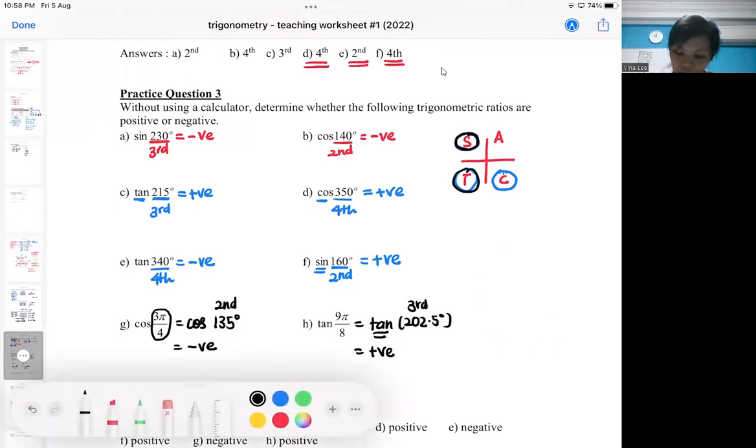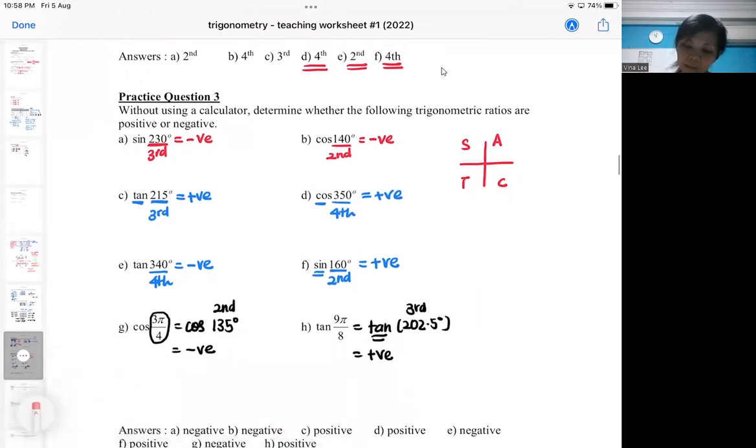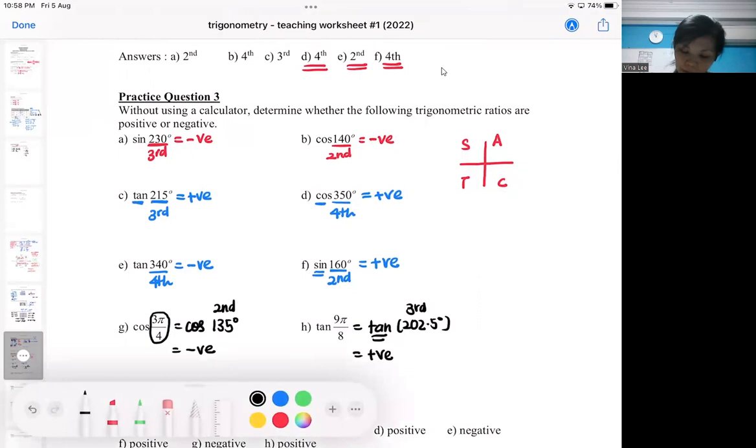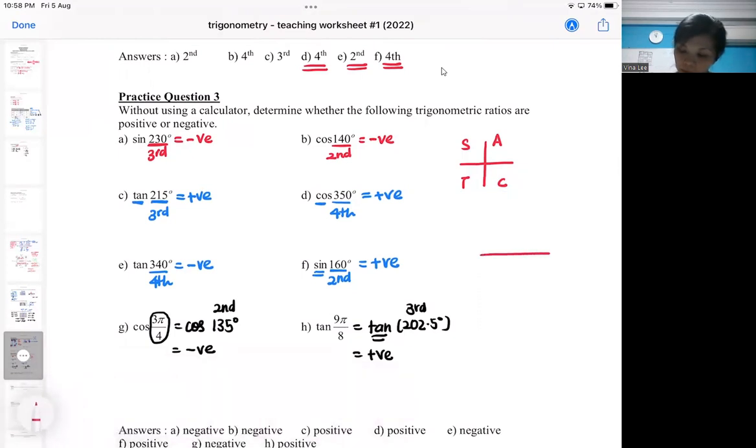We have to ask ourselves, how am I going to get the basic angle? So this will be the formula for the basic angle.